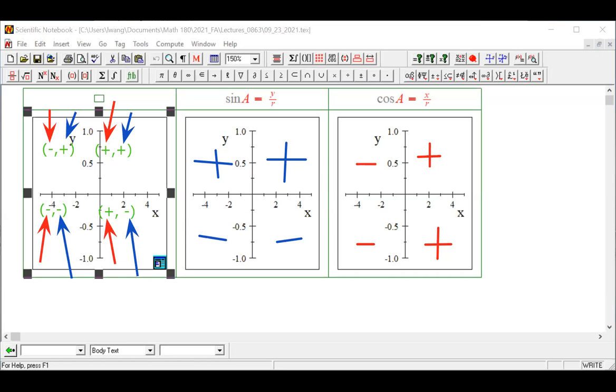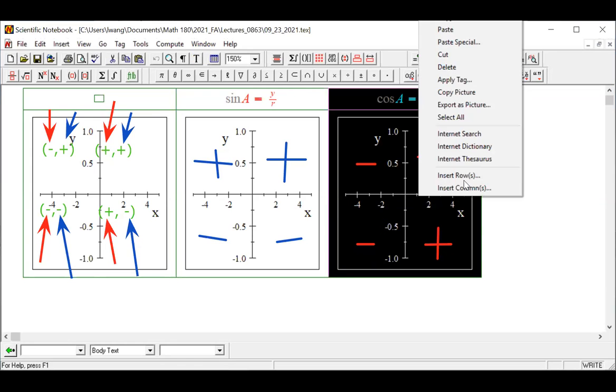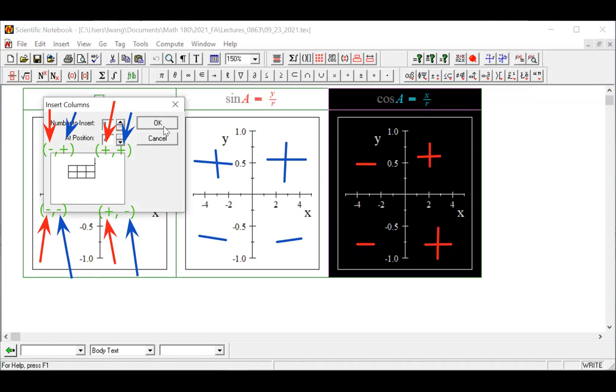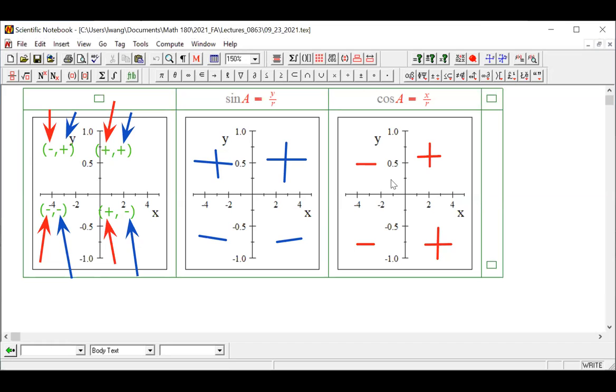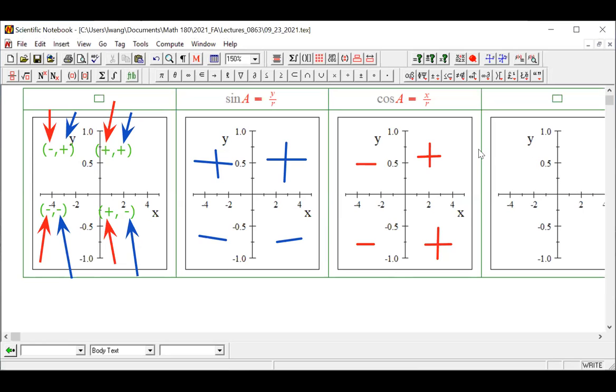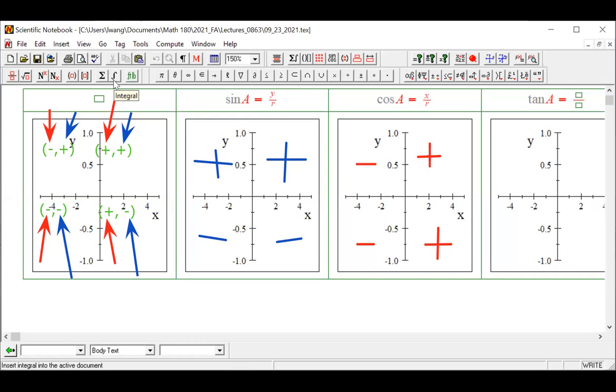So for tangent, can you draw the sign for each quadrant? If I have a tangent column, in the first quadrant it is positive divided by positive. You can look at this from two perspectives: tangent is y over x.